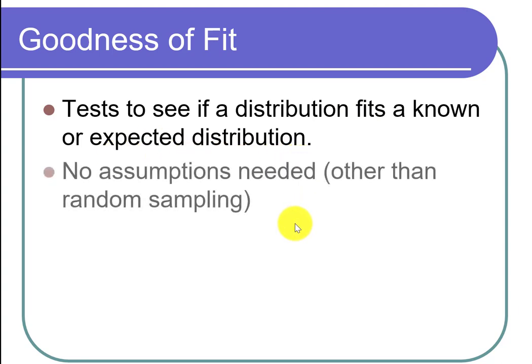You don't need any real assumptions at all, other than the one thing we always have to make sure of whenever we're collecting data, and that is you don't have bias. If you have bias, basically, statistics is useless. So we basically need to say that we had random sampling or sampling that was representative of the population.